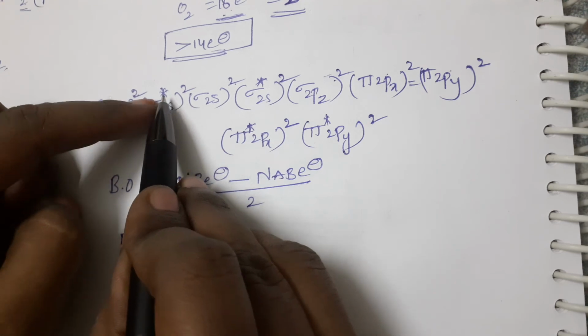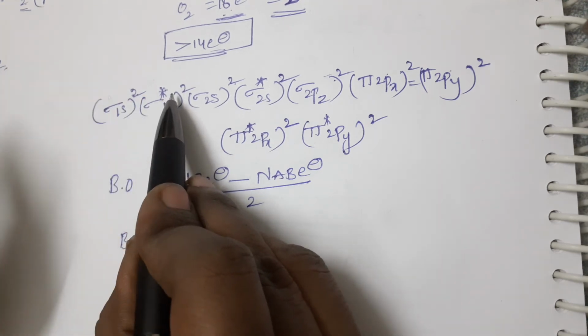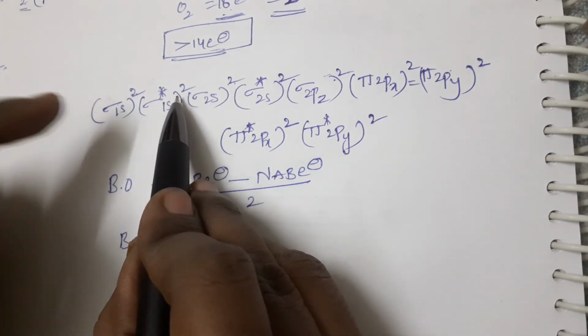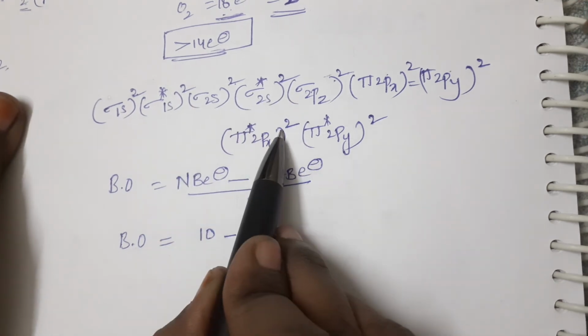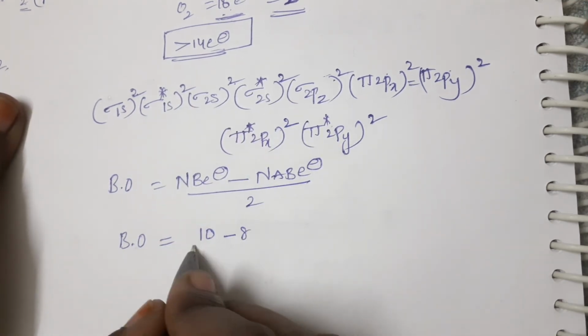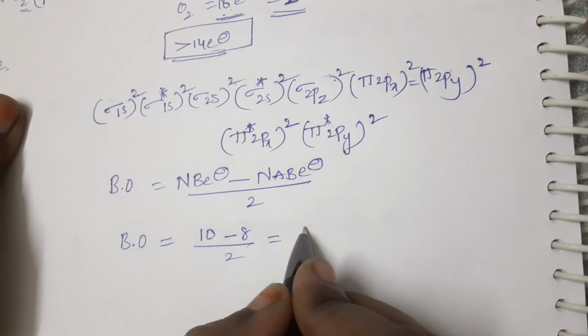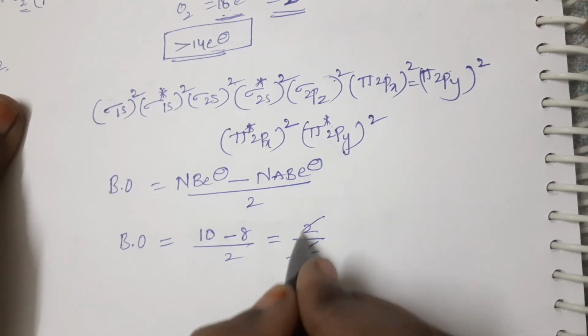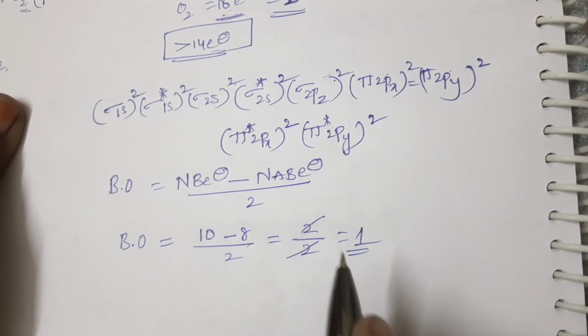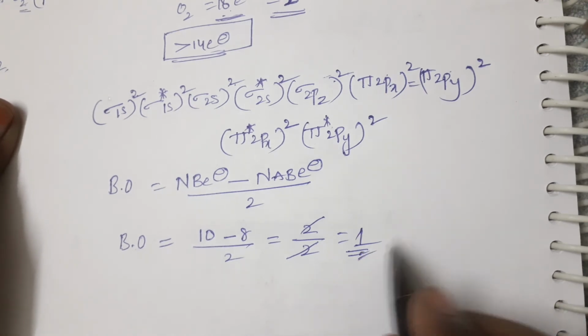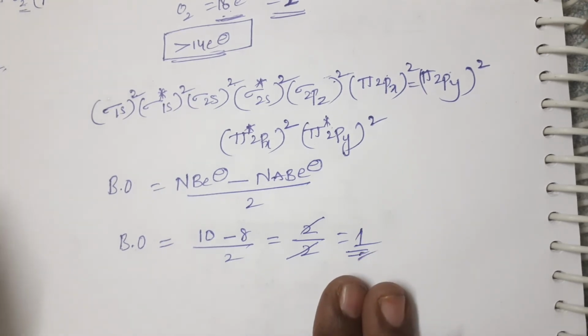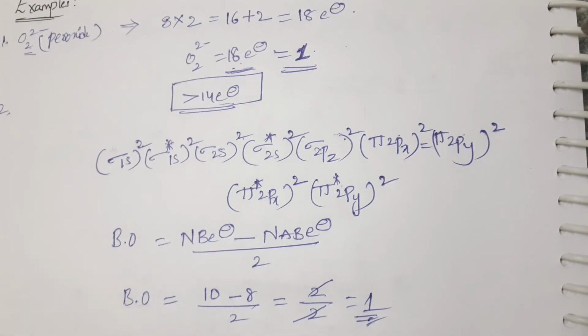Count. The star resembles the antibonding orbital. 2, 4, 6, 8, by 2. 10 minus 8, 2 by 2 is equal to 1. So we got the same answer by substituting in the formula.